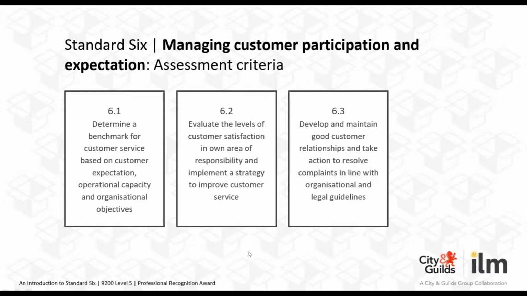You need to evaluate the levels of customer satisfaction in your own area of responsibility and implement a strategy to improve customer service in your area. And throughout that, you need to develop and maintain good customer relationships, taking action to resolve complaints, but always in line with your organisation and legislative guidelines.